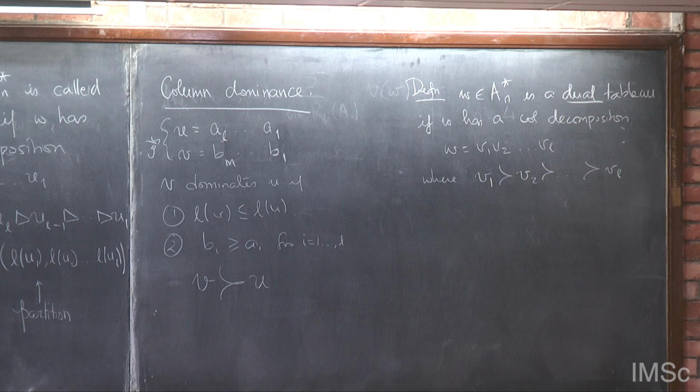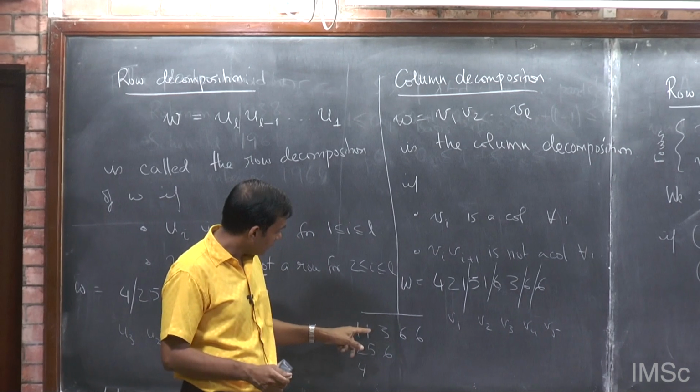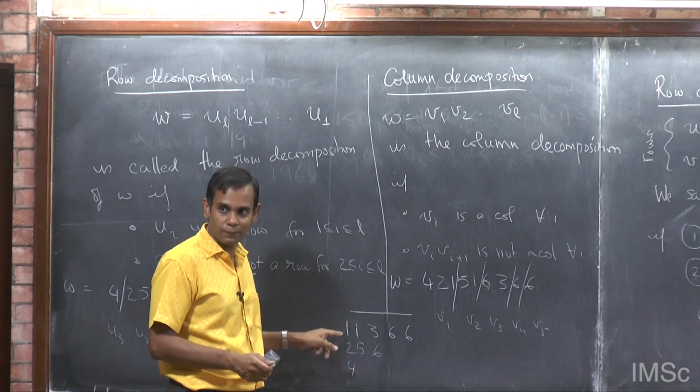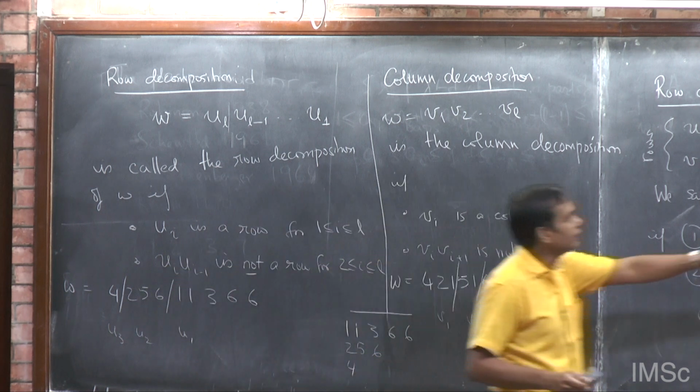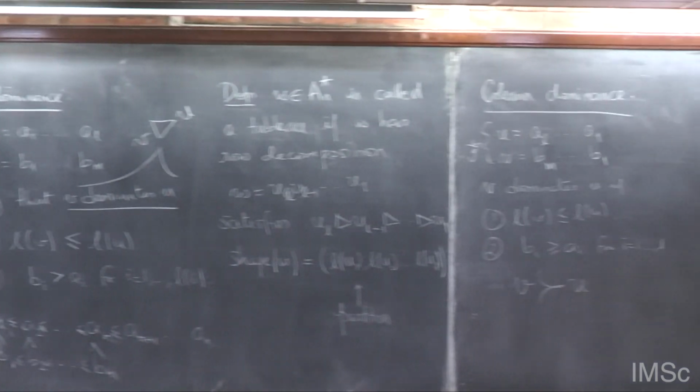I'll write them from bottom to top, but aligned on the top. Then I'm saying that each element of the second column is greater than or equal to the corresponding element of the first column. I am sorry, I made a mistake here. These are to be written backwards. It is so in my notes, but I forgot to write it on the board that way.